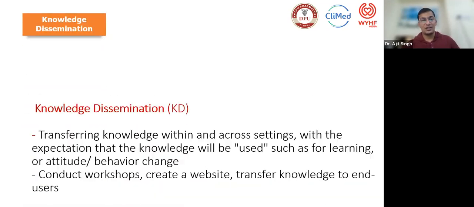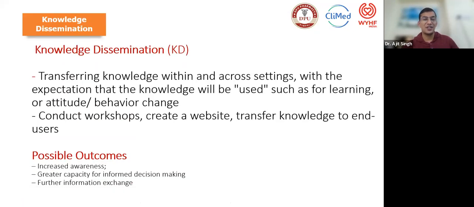Knowledge dissemination, called KD, is transferring knowledge within and across settings, with the expectation that the knowledge will be used, such as for learning or attitude or behavior change of the people. These are the kinds of outcomes of the research grant, of conducting the research, or of writing a proposal.